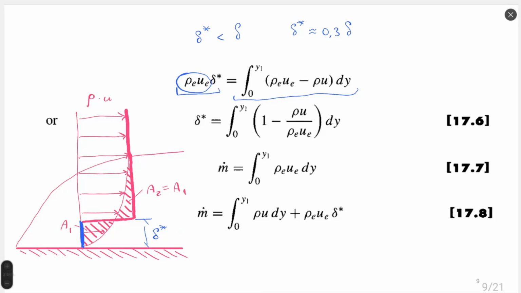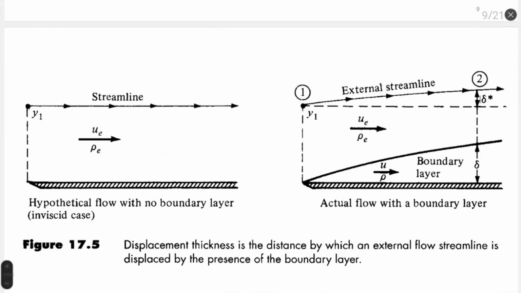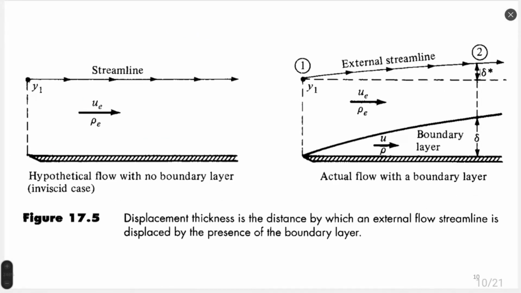Let's go here. When we see the presence of a boundary layer, on the right side of figure 5, streamlines will always be displaced with respect to the inviscid case. We will always have an inclination which corresponds to this delta asterisk displacement thickness.